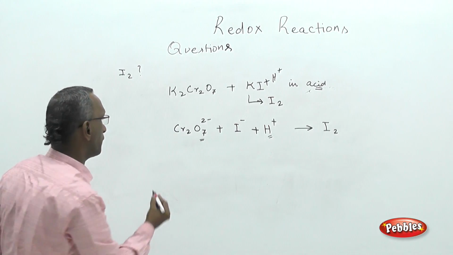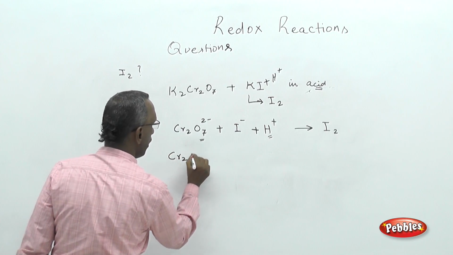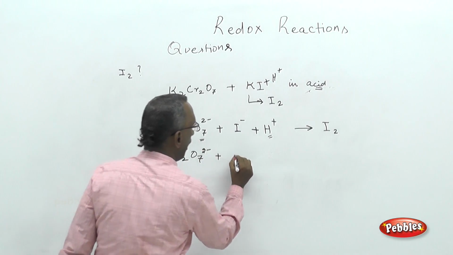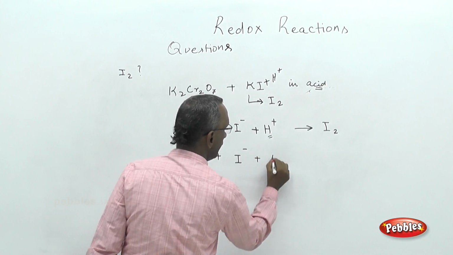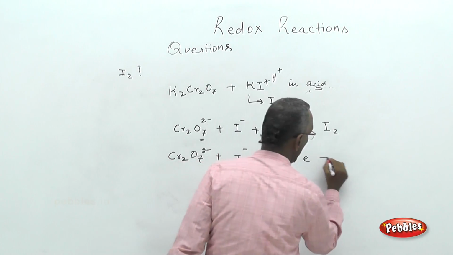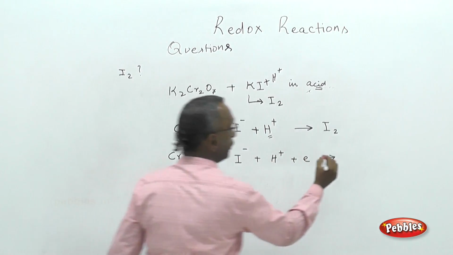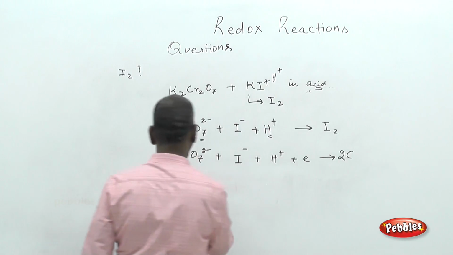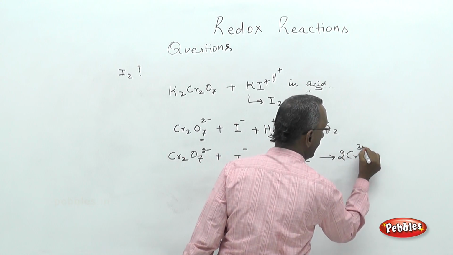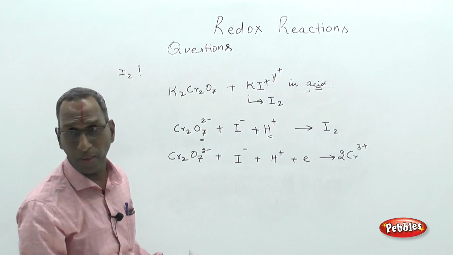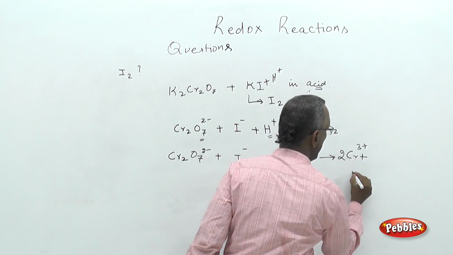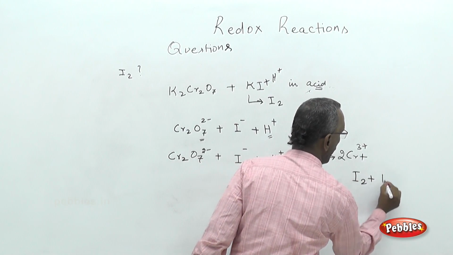So only H plus. So possible: Cr2O7 2 minus plus I minus plus H plus plus some number of electrons, giving 2 Cr, because mass has to be conserved. Cr6 plus is converted to Cr3 plus, plus I2 plus H2O.